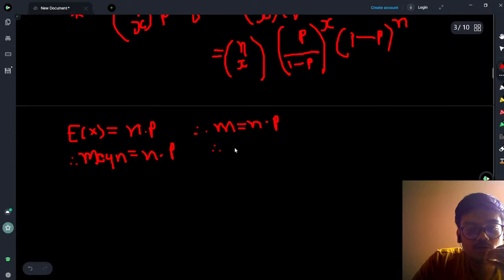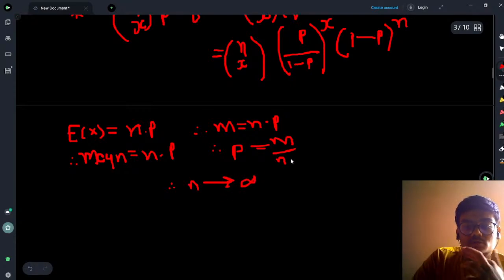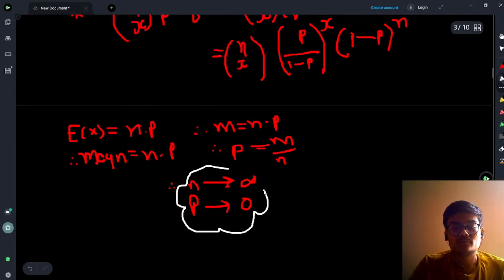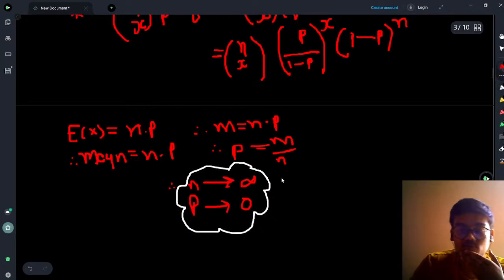So we can say that p equals m upon n. And if n tends to infinity, then from the equation we can say that p tends to 0. Got it? If n tends to infinity, then p tends to 0.